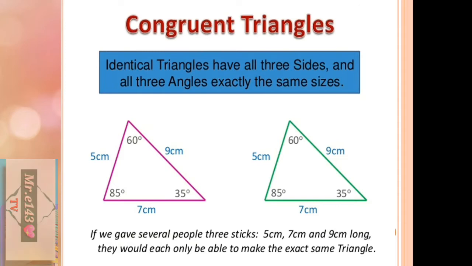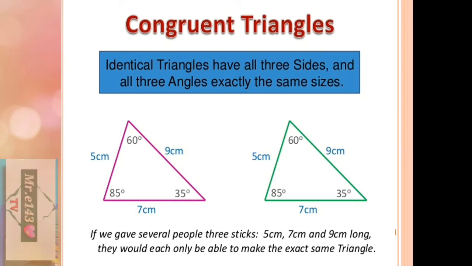Congruent triangles, identical triangles, have all three sides and all three angles exactly the same sizes. Ibig sabihin, tandaan na ang identical triangles ay lahat ng three sides as well as lahat ng angles are exactly the same sizes.